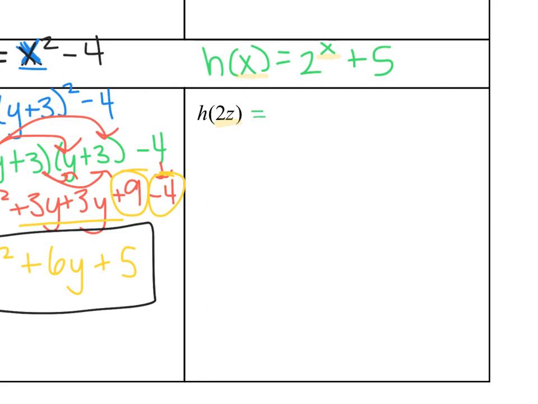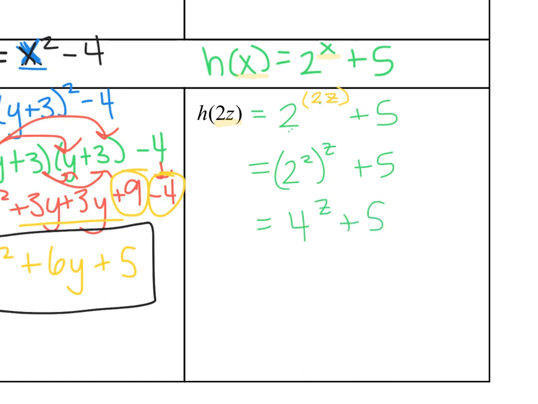So it's going to be 2 to the 2z plus 5. We could go ahead and figure out, like, this is 2 to the second, right? 2 squared. And then to the z plus 5. 2 squared is 4, so this is 4 to the z plus 5. Now at this point, I can't do anything else, so this is the most simplified version.